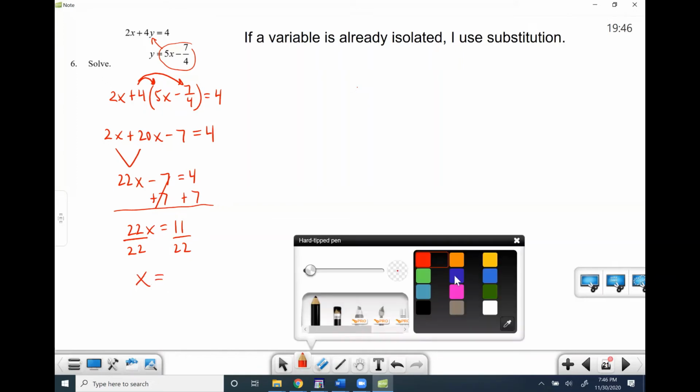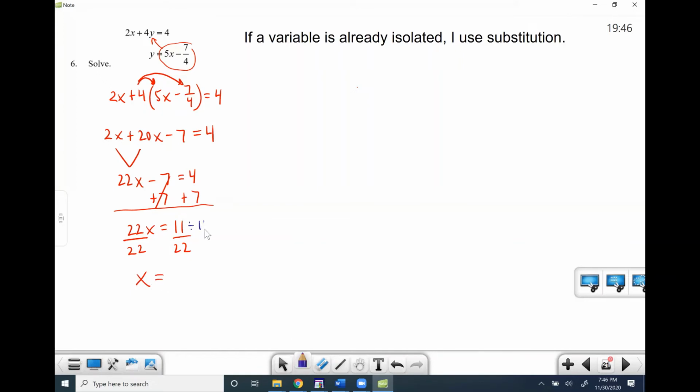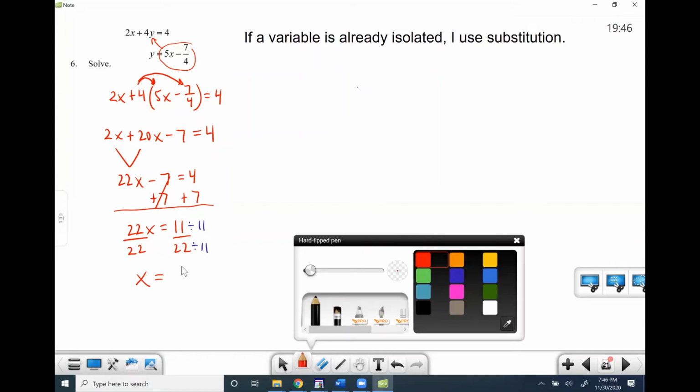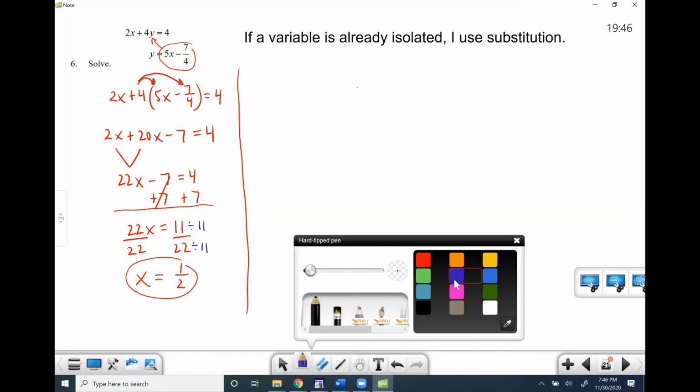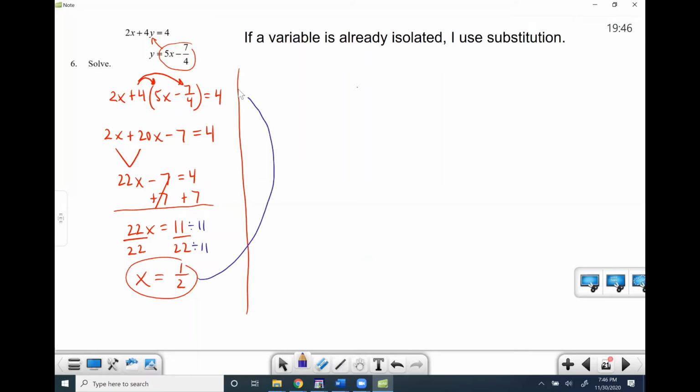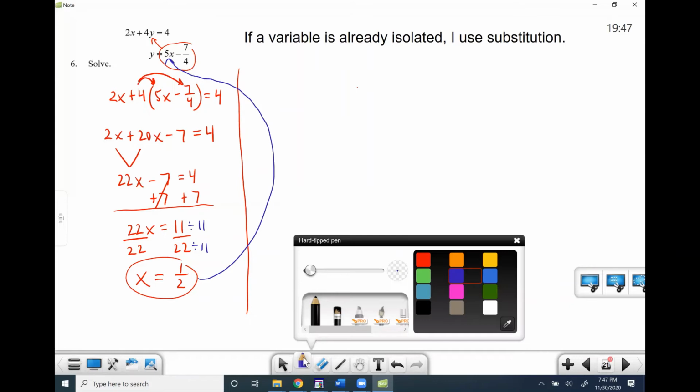And if we divided them both by 11, then you can see that we have 1/2 for the x. Okay. And we said that in the substitution case, it's easiest to take that back to the one that's already been isolated. That's the one you always want to take it back to.